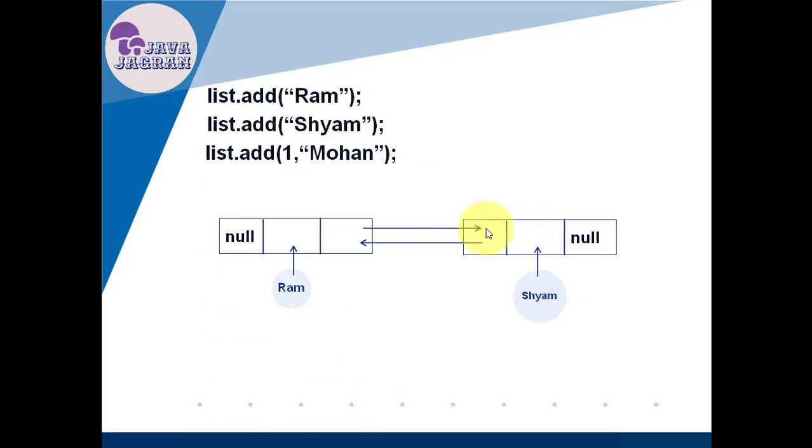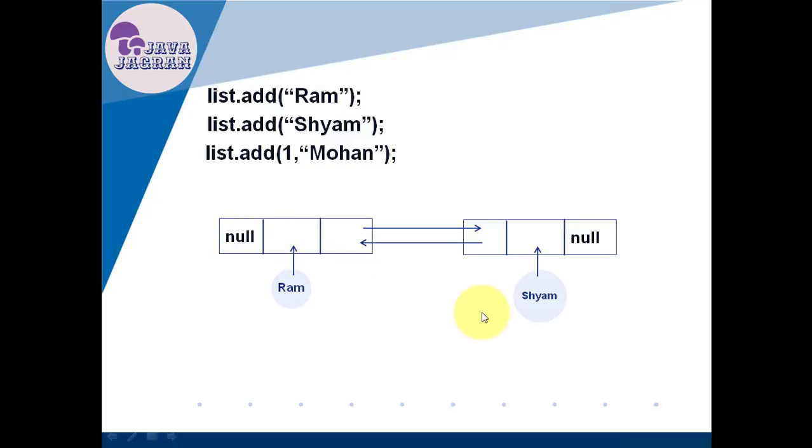Same like when we call the add method with two parameters, we can add an object at a specific location also. So whenever we add the object at a specific location, how will it work? It will start traveling from the first, and it will keep a counter counting how many objects we traveled.